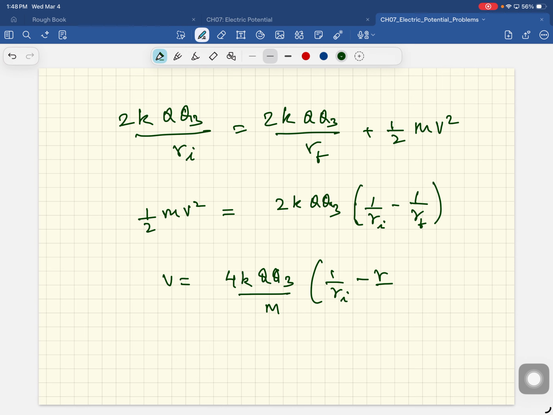What happened to the square root? What square root? V had initially been squared, so you took the square root of everything. All right, so I didn't do that.